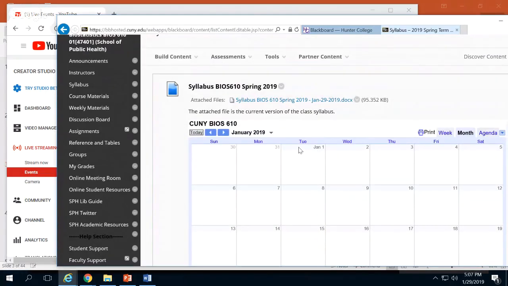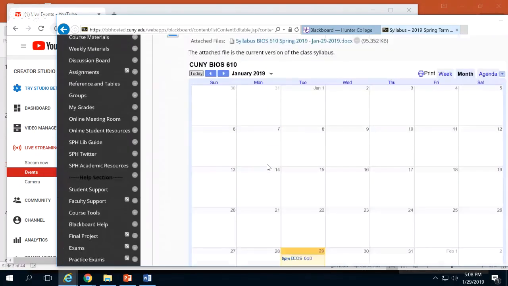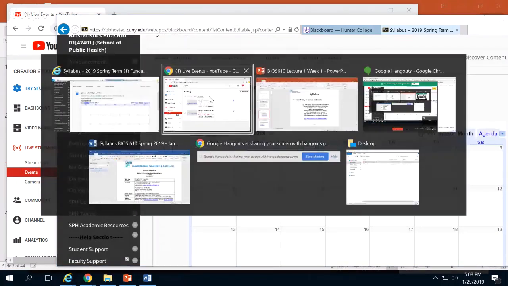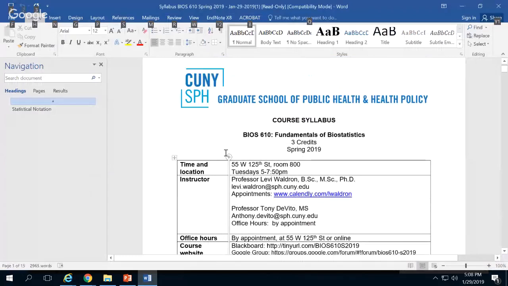So if you want to see the dates of your exams and the dates when we don't have classes, it's in the syllabus, and it's also here on this calendar. And you can import this calendar into yours somehow, I believe, by clicking on this plus or something like that.